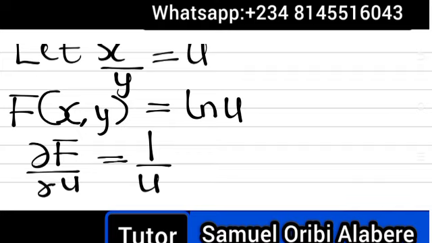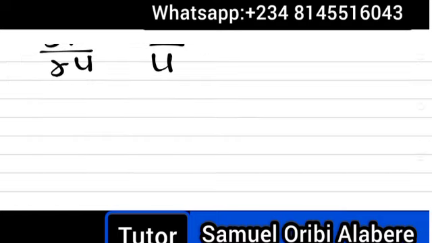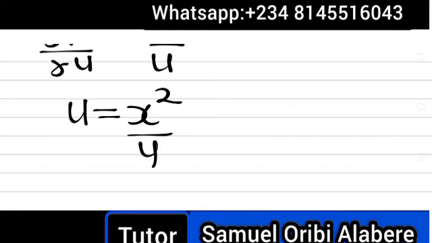So now that we have found our partial derivative of f with respect to u, we are going to find our partial derivative of u with respect to y. We are then going to recall that u is equals to x raised to the power of 2 all over y.